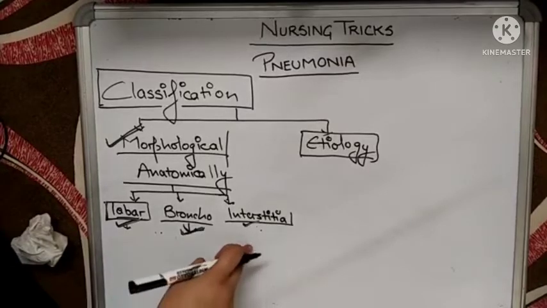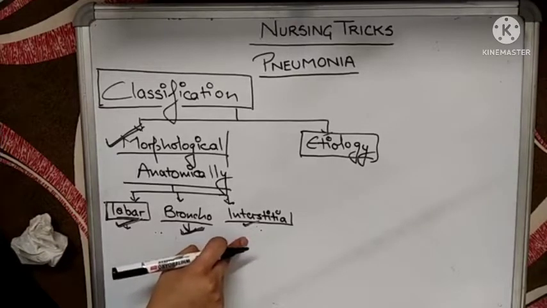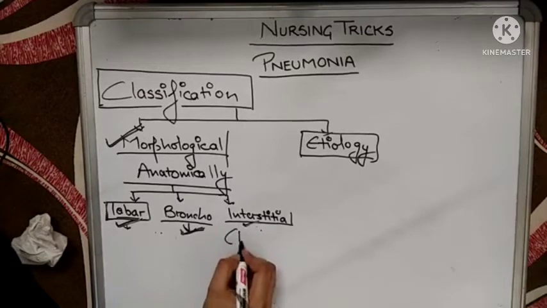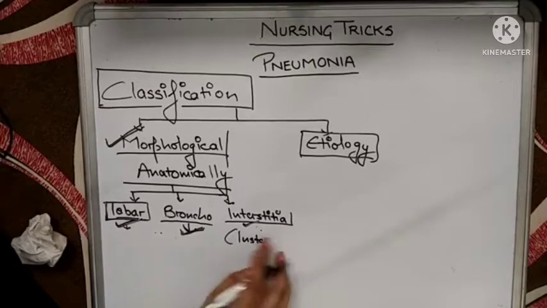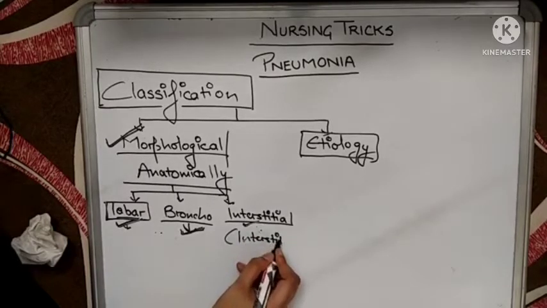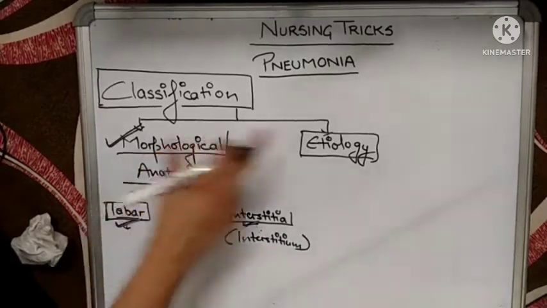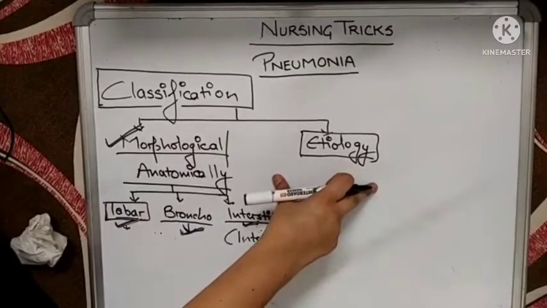And in the interstitial pneumonia, it is an inflammatory process which is more or less confined within the alveolar walls. Okay, and it is also known as the interstitial pneumonia. Okay, now let us move on to the etiology.